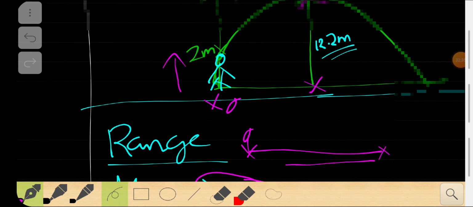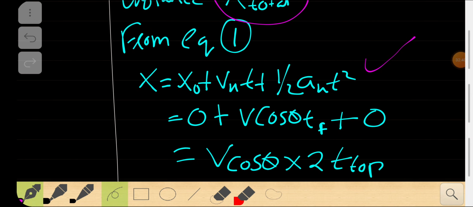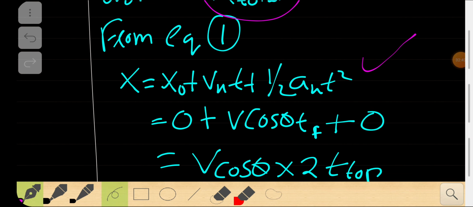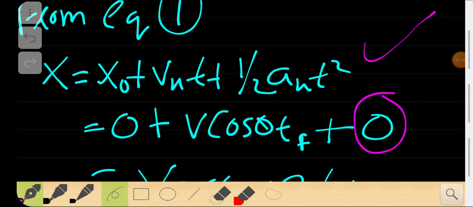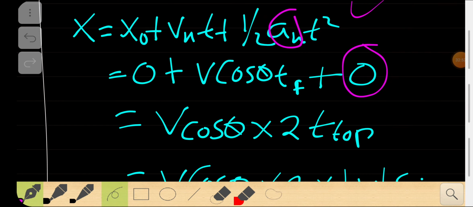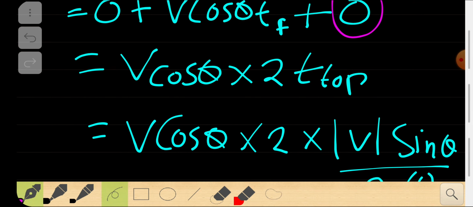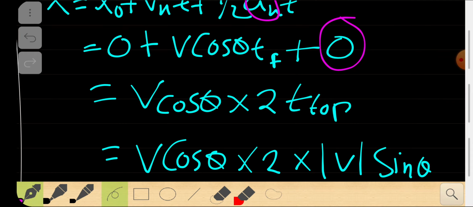Also the acceleration in the x-axis is 0. So x will be equal to 0 plus v cos theta times t final plus 0. So that is v cos theta times 2 t top, because t top times 2 will be t final.